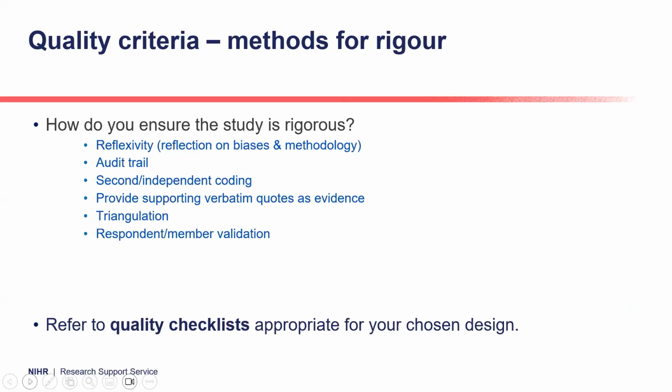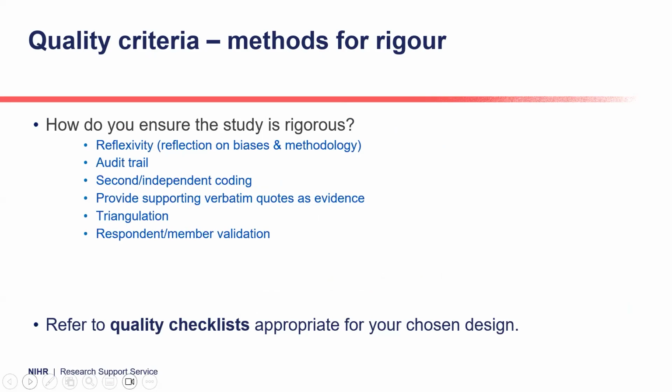Also, it will be good to mention how you will ensure that your qualitative study will be robust to avoid any potential biases in your data and in your analysis. So there are different strategies, as you can see there, standard methods that we use.